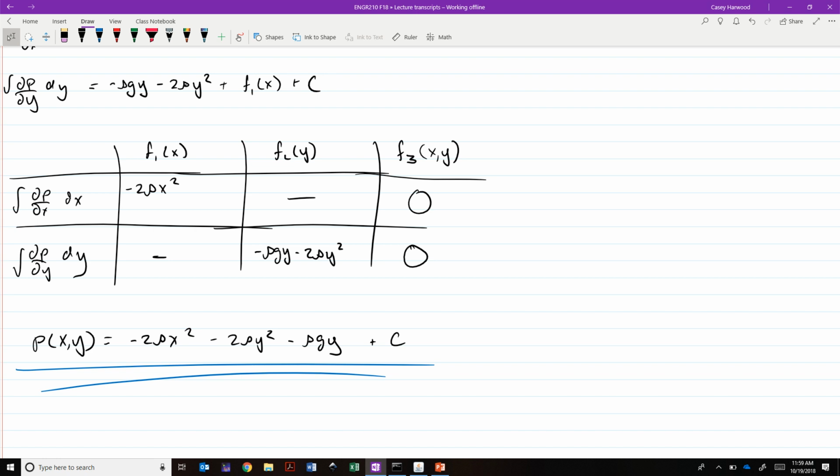It's simply saying that anything that's a function of x and y can be split into a sum of functions of x, functions of y, and functions that have both x and y. And so in order to fully define that function of x and y, in this case the pressure, you have to have some clues filled in for every possible term that can be in there. And if you have two things that point to the same term, they have to agree with each other. That's your internal check.